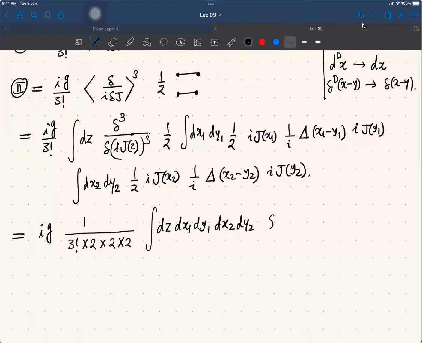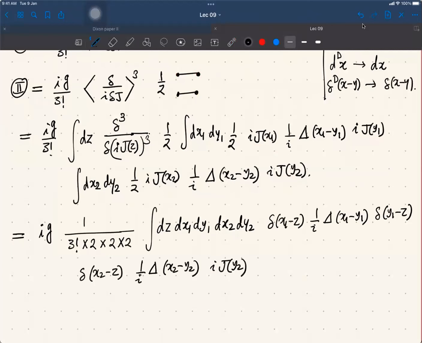So that will give you delta x1 minus z, 1 over I delta x1 minus y1, then delta y1 minus z, then delta x2 minus z, 1 over I delta x2 minus y2, j y2.